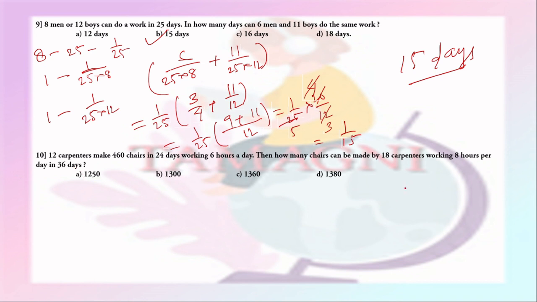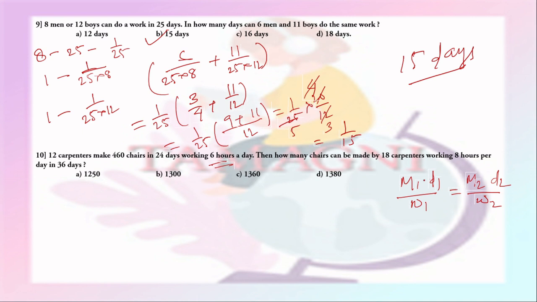Here we shall use the famous formula M1 D1 by W1 equal to M2 D2 by W2, where M represents the number of men, D represents number of days, and W represents the amount of work, or here in this case the number of chairs. Another parameter is given here, which is the number of hours worked in a day in both the cases.